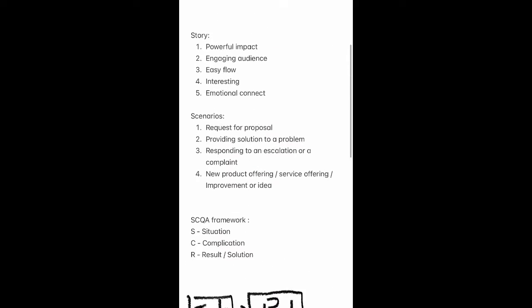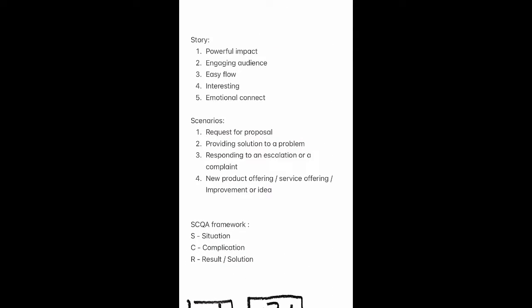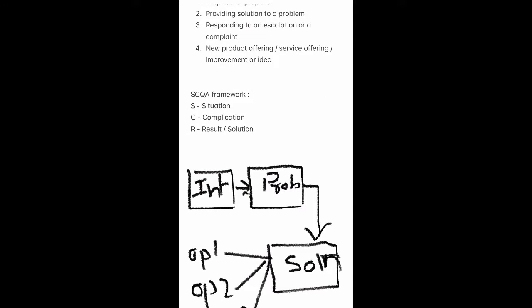Now let's consider this example of a request for a proposal. If a client has asked for a proposal and you are going back with a presentation to fulfill that need, the client will understand the introduction definitely, because it gives very much clarity on your understanding of the overall context of the requirement, which the client expects you to be completely aware of.